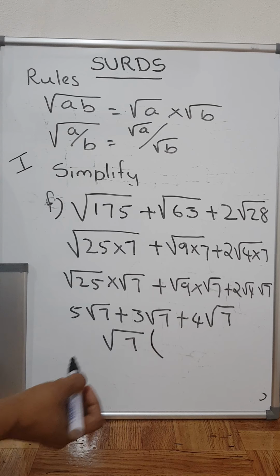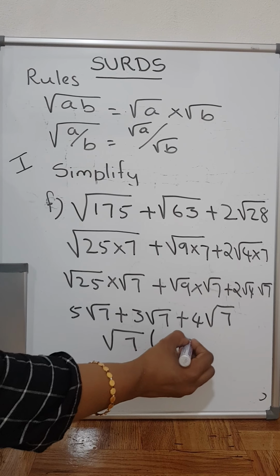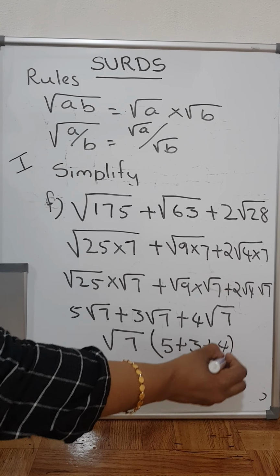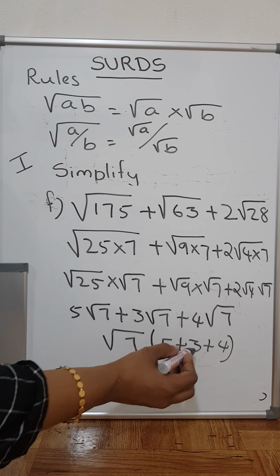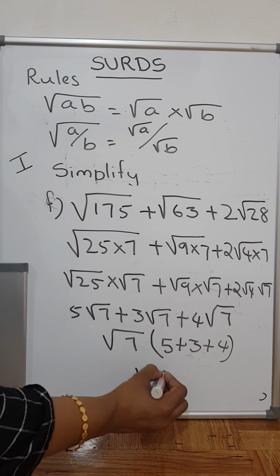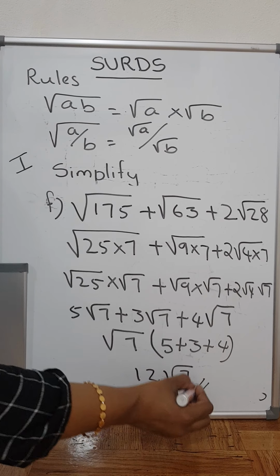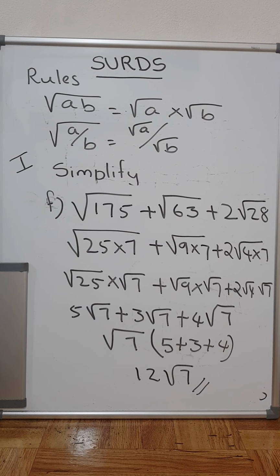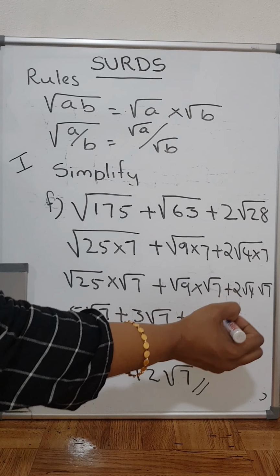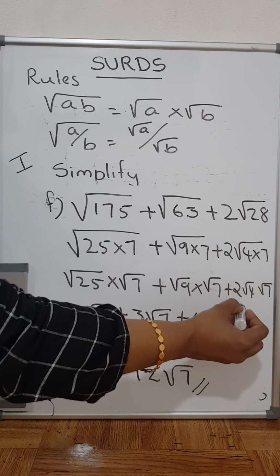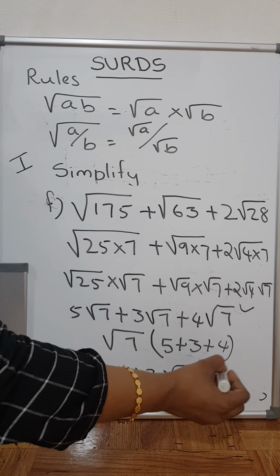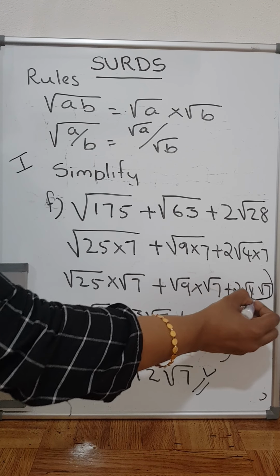Root 7 times 5 plus 3 plus 4. That is root 7 times 12. That is 12 root 7. Very easy, right? So which are the steps that you need to show? You have to show this one, and this one.